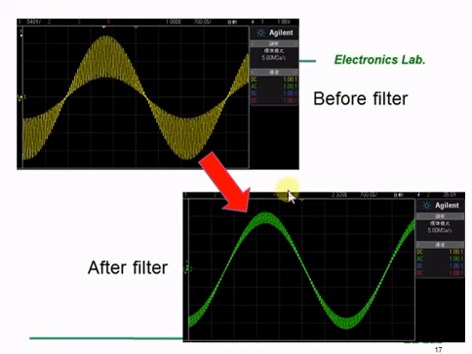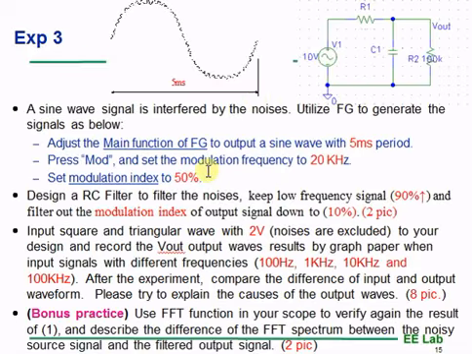The criteria of keep and filter out is written here. The amplitude of the low frequency should be kept above 90% and the noise part should be kept below 10%.